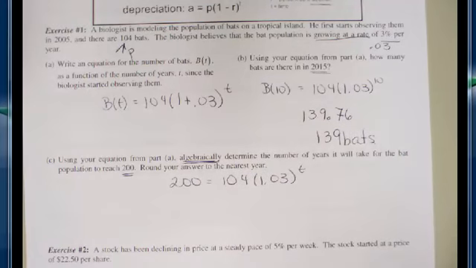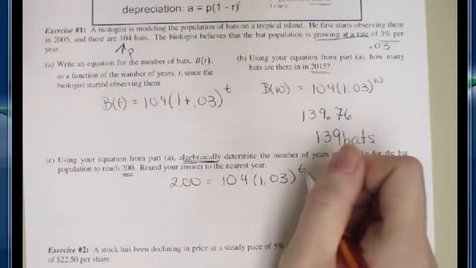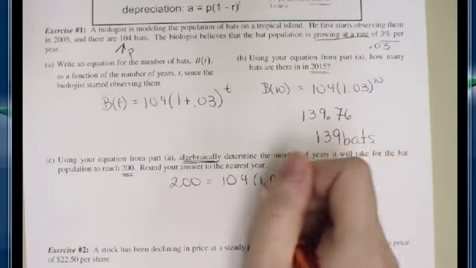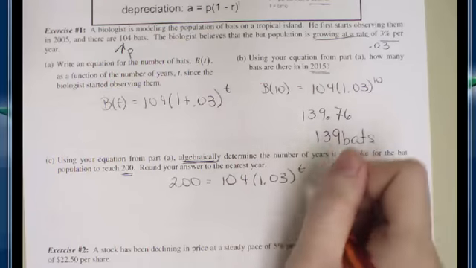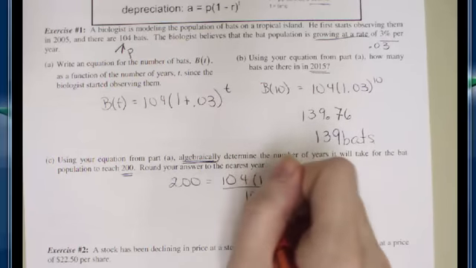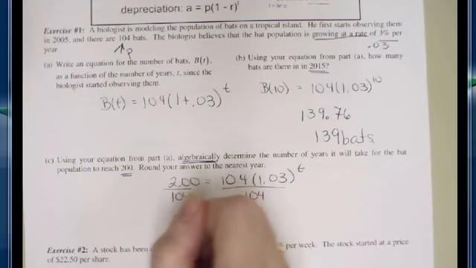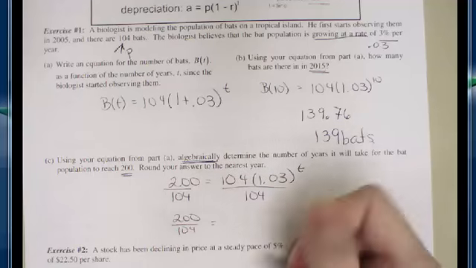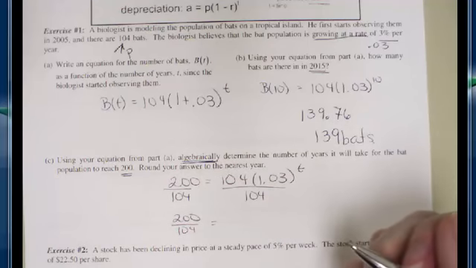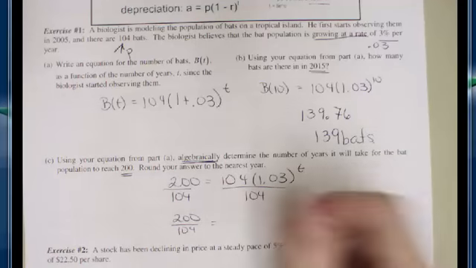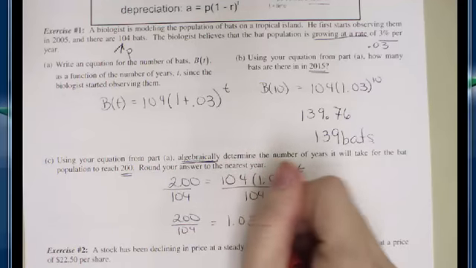We're looking for time. So we need to solve this. I see that I have the variable in the sky. I am going to first move things away from that base. So I'm going to divide by 104. Now my suggestion is leave it right in fraction form because it's going to come out as an ugly decimal and you don't want to have to worry about not using the whole decimal and changing your answer.